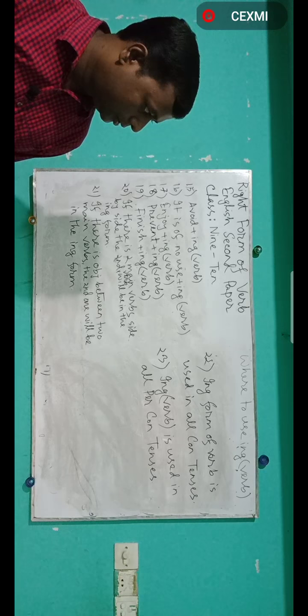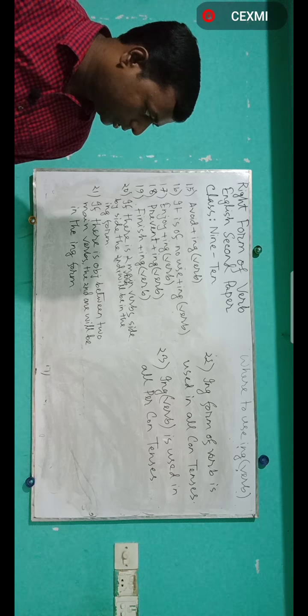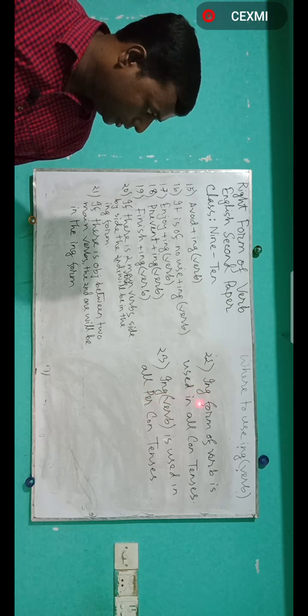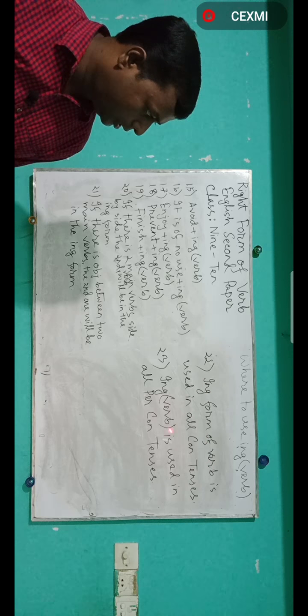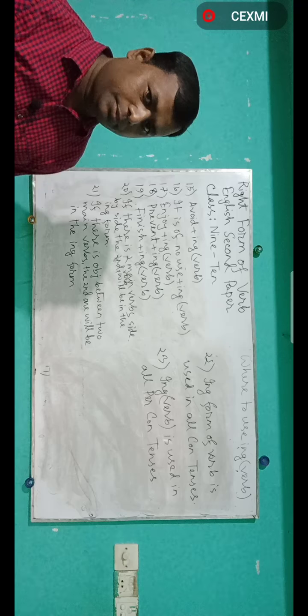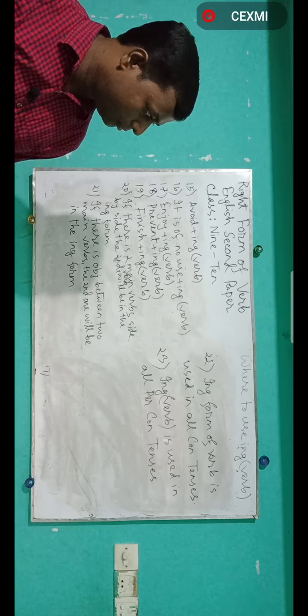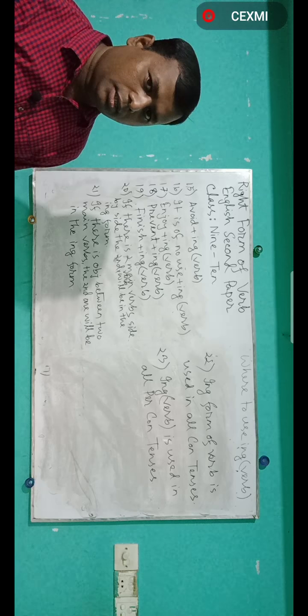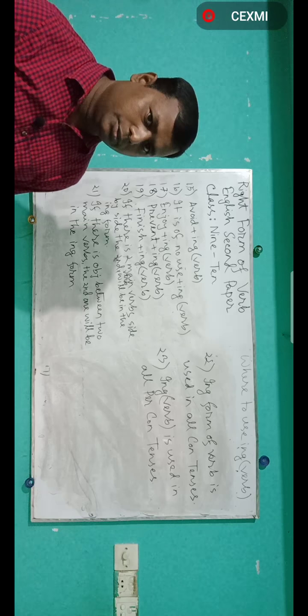Dear students, now you have come to understand that ing form of verb is used in all continuous tenses and in all perfect continuous tenses. There are 12 tenses in English. Of them, in 6 tenses, ing form of verb is used.